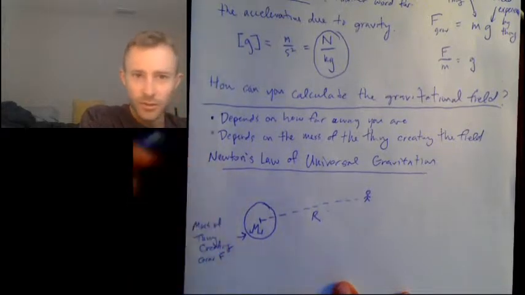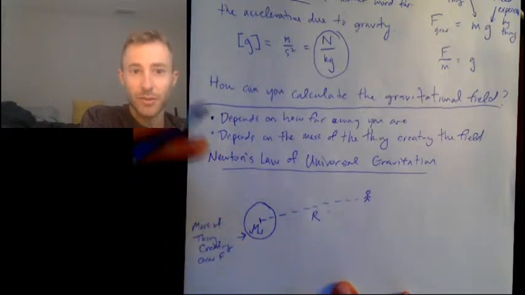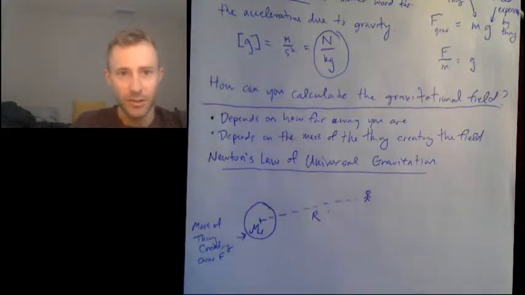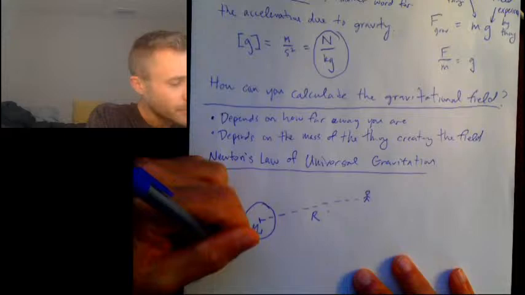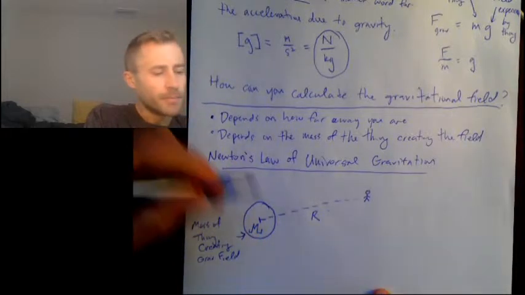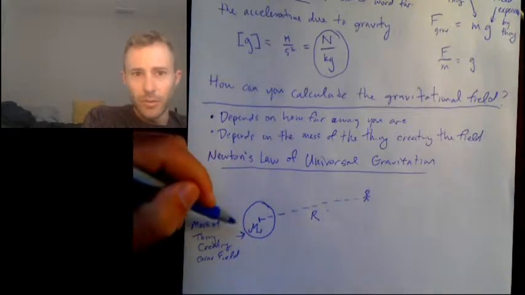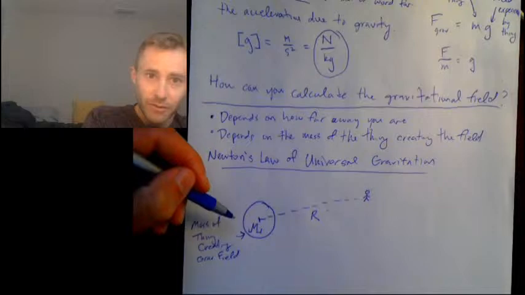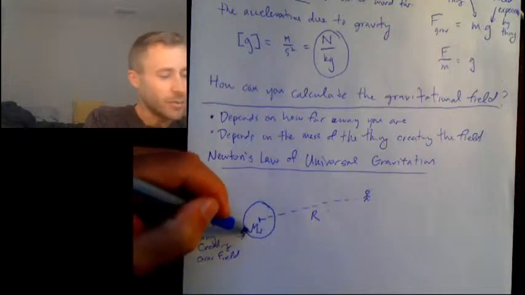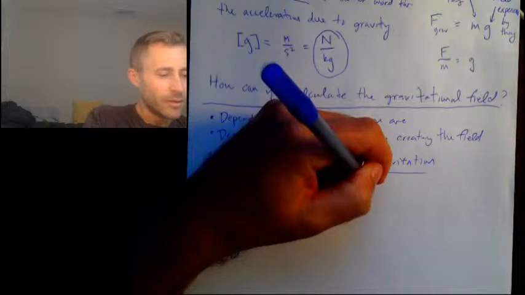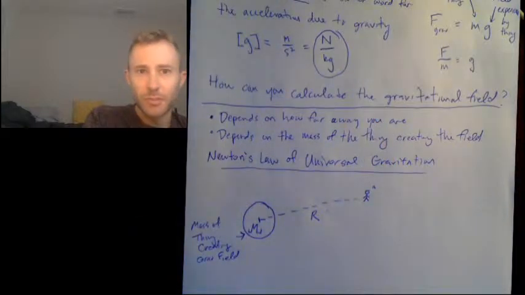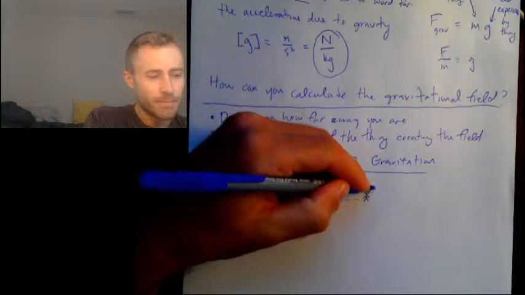I don't know why, just to differentiate it from the mass of the thing experiencing the gravitational field. So the planet is creating the gravitational field, so it is the Majin M from Dragon Ball, and the astronaut is the thing experiencing the gravitational field, which is little m. Okay.